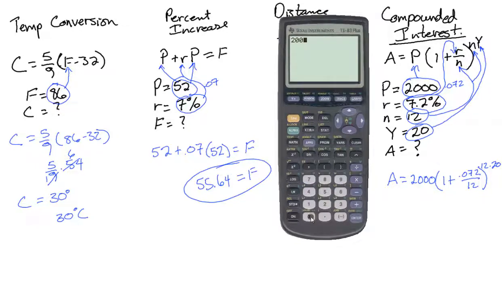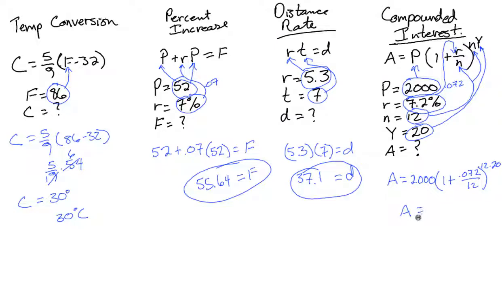We get 2,000 times parentheses 1 plus 0.072 divided by 12, close that parentheses, all to the parentheses 12 times 20. Make sure we're okay with that, that 12 times 20 all has to be up in the exponent. And we hit enter, and A equals 8405.15. Round to the nearest penny, and this will probably be in dollars.